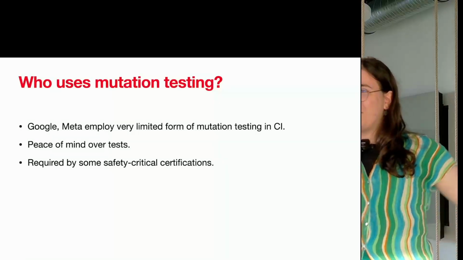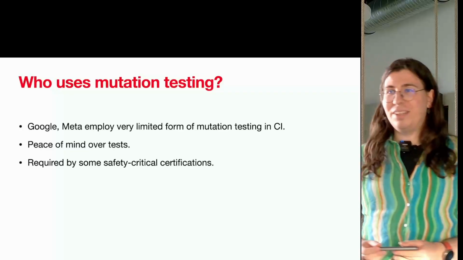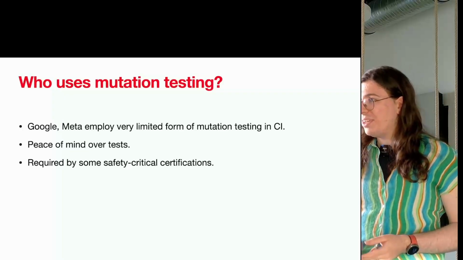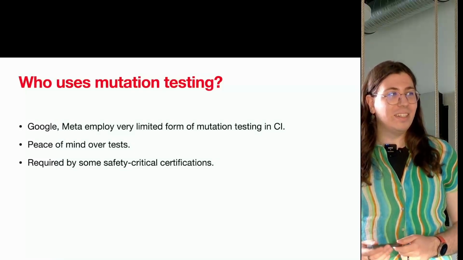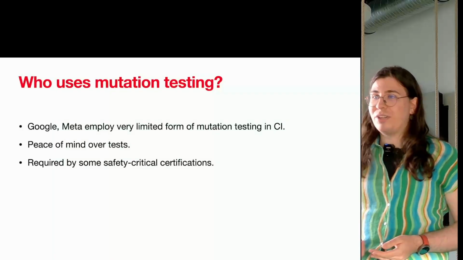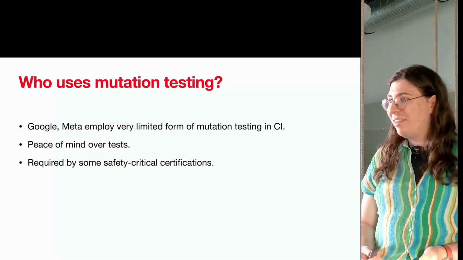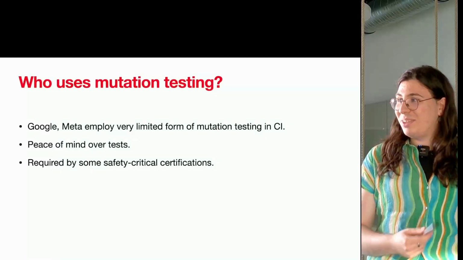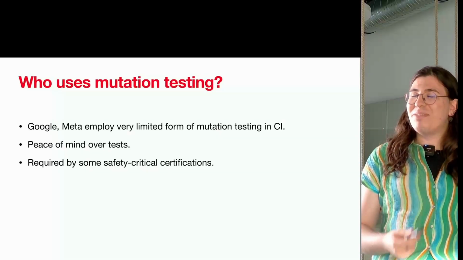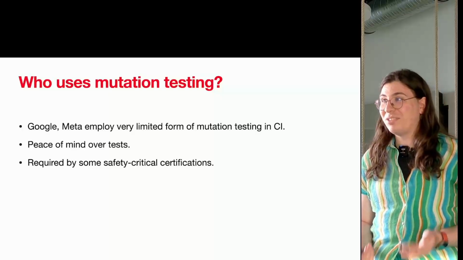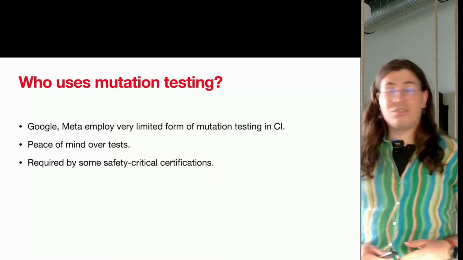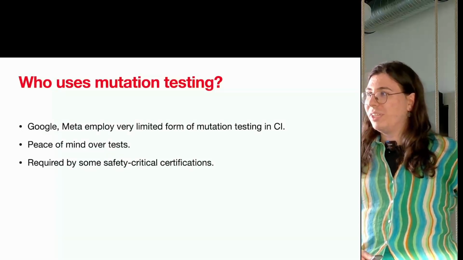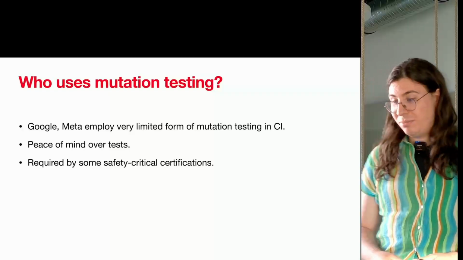Anyone who wants peace of mind over their tests may look to using mutation testing as a technique for that. So if you've ever asked the question, have I tested enough? Or maybe there is more left to do, then mutation testing can, if not give you, nothing can give you an outright yes or no answer, but it can certainly give you direction in terms of where to test more.